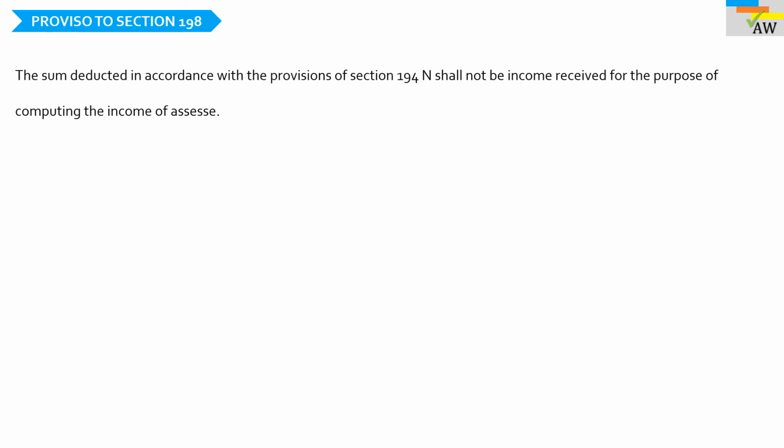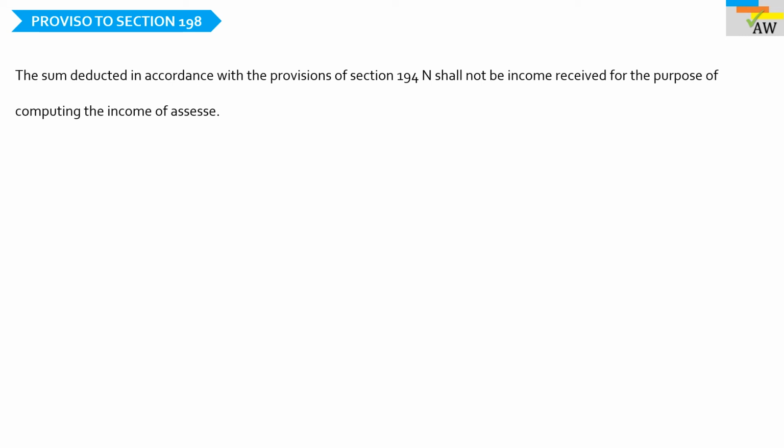Proviso to section 198. This is the beauty of this section. The sum deducted in accordance with the provisions of section 194N shall not be income received for the purpose of computing the income of the recipient. This means generally when TDS is deducted, the amount including the TDS is considered to be income in the hands of the recipient and is added to his income and tax is computed.